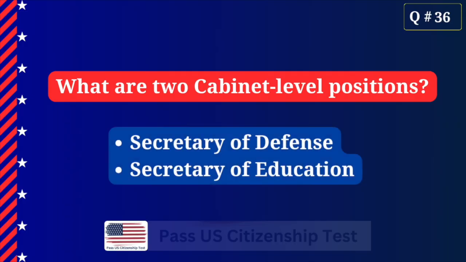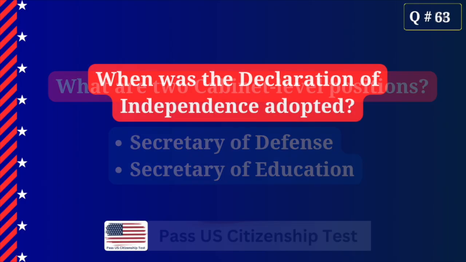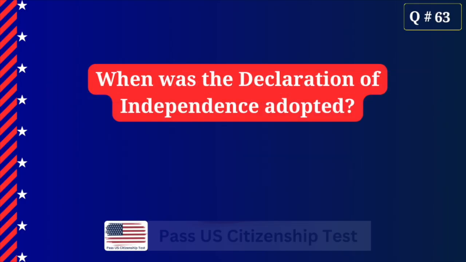Secretary of Defense. Secretary of Education. When was the Declaration of Independence adopted? July 4, 1776.